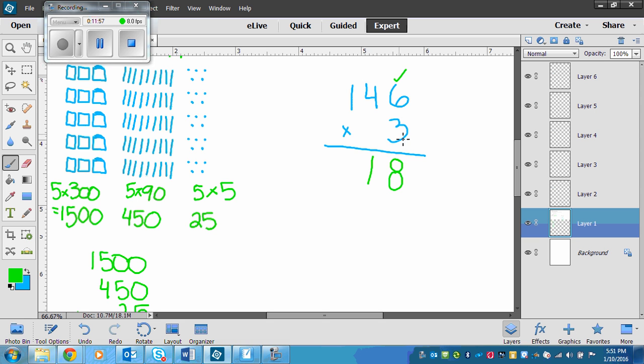So 3 times 40, I can go 3 times 4 equals 12. And I know that the 1 is going to be in the 100 spot. The 2 is going to be in the 10 spot. And then since this is 40, there's an imaginary 0 there. It goes right there. Okay, so I've done the 4. And now all I need to do is 3 times 100. So 3 times 100 equals 300.